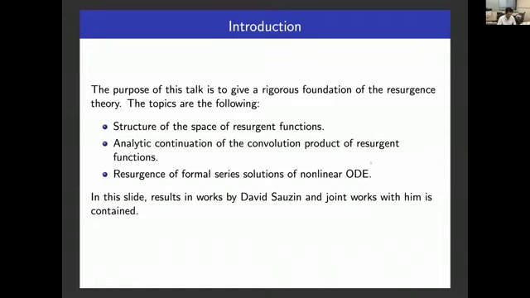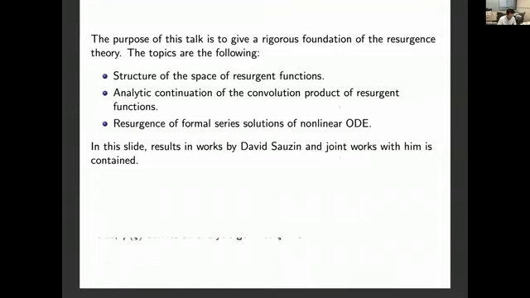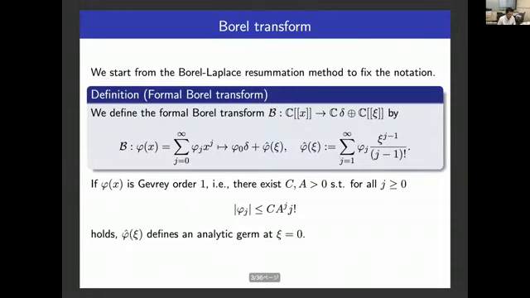So anyway, let's start. We first start from the definition of the Borel transform. Maybe the participants of this seminar know well about the Borel transform, but to fix the notation, we start from the Borel-Laplace resummation method.